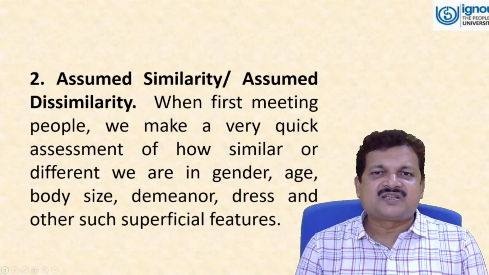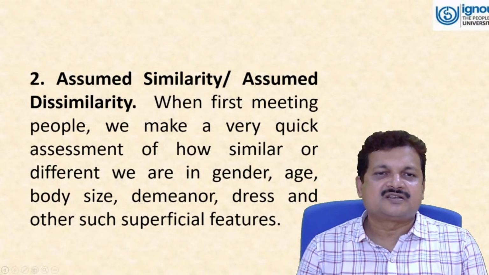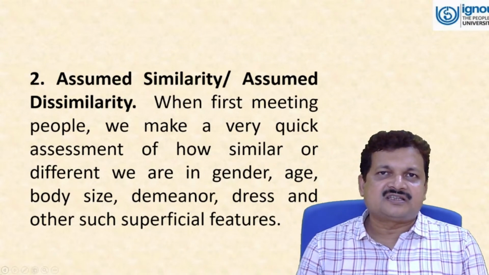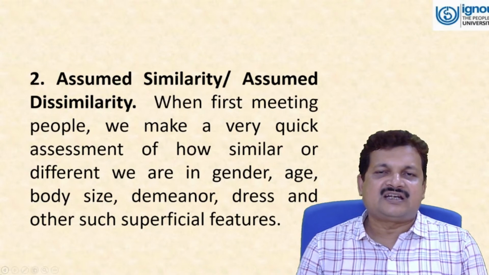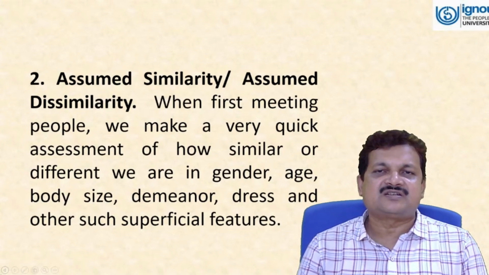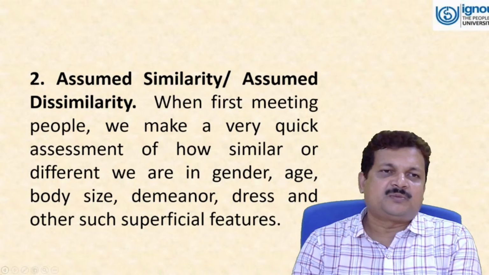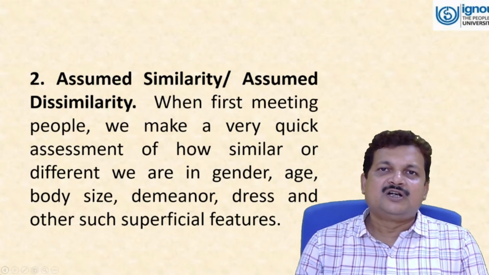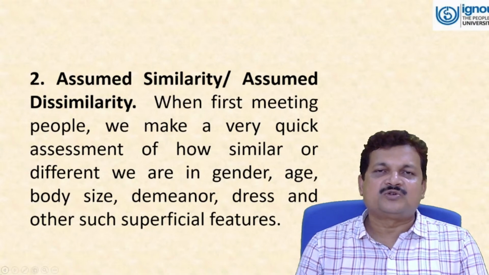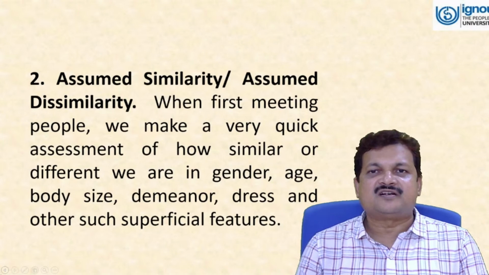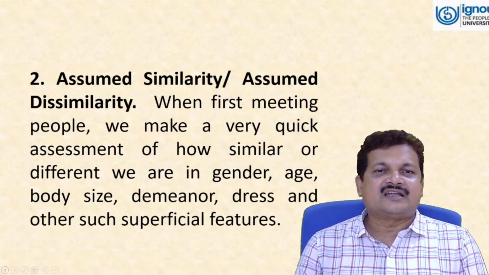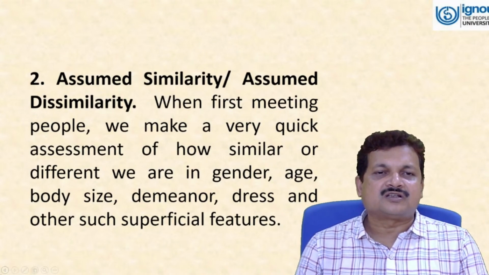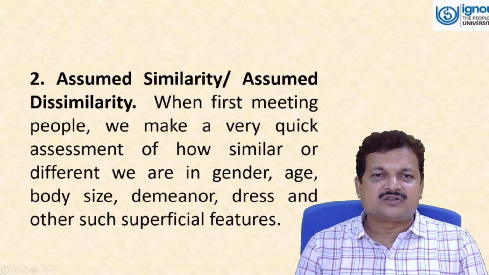Then here we have assumed similarity and assumed dissimilarity. It is a human tendency to judge similarity on some basis and dissimilarity on some basis. Nowadays we know very well that when we go through the internet, there is comparative analysis of two brands or two products, so we always look at what similarities and dissimilarities there are. Like gadgetguru.com, other websites are available where we can compare different brands.